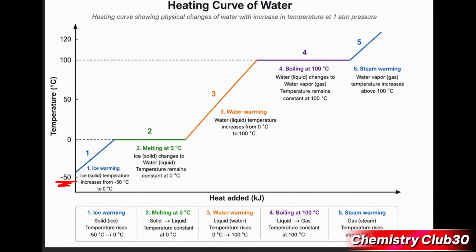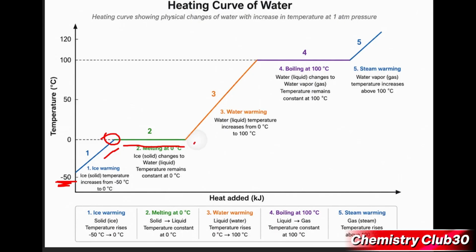When we start heating, this ice will start melting when the temperature reaches 0 degrees Celsius. This green line is representing melting that starts at 0 degrees Celsius, and after that this horizontal line shows that there is no change in temperature until all the ice has been converted to liquid water.